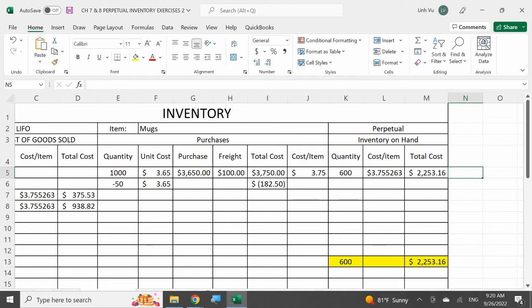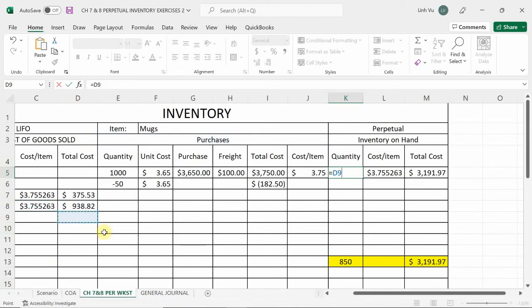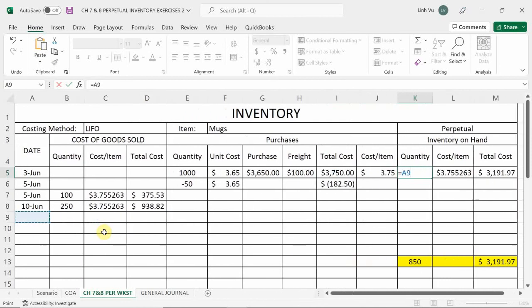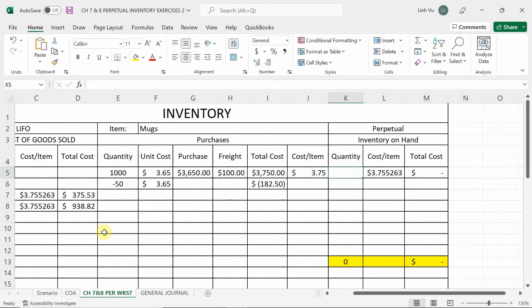What was it before? Okay. So in this case, I sold 250, right?